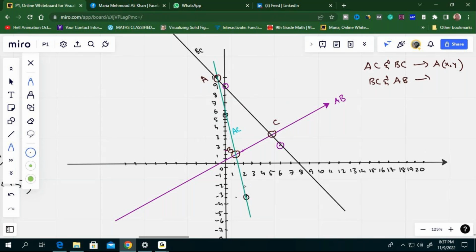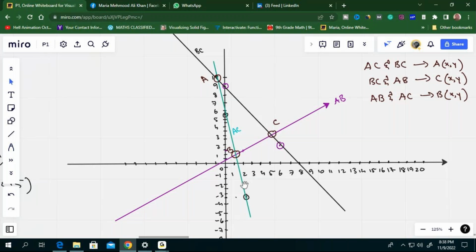This is going to give you the coordinates of your point C, and similarly solve simultaneously your AB and AC equations to get the coordinates of your third vertex. That's how we go. So I'm going to do just one simultaneous calculation and get the coordinates of my vertex A, and the remaining 2 equation pairs you have to handle by yourself, and then you need to tell me the vertices. Okay, so get active now.